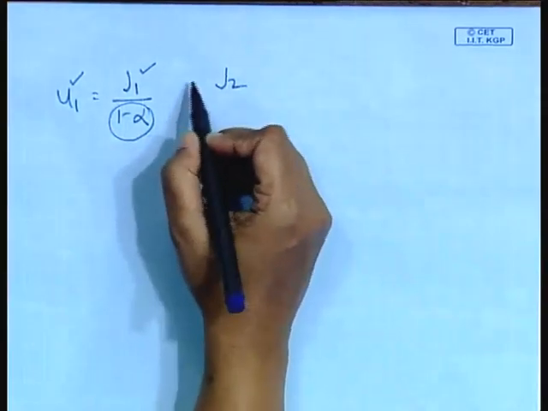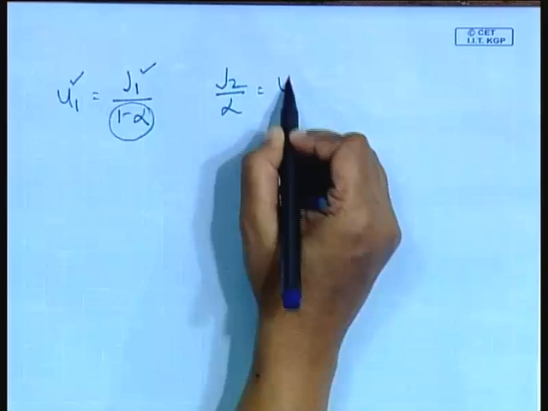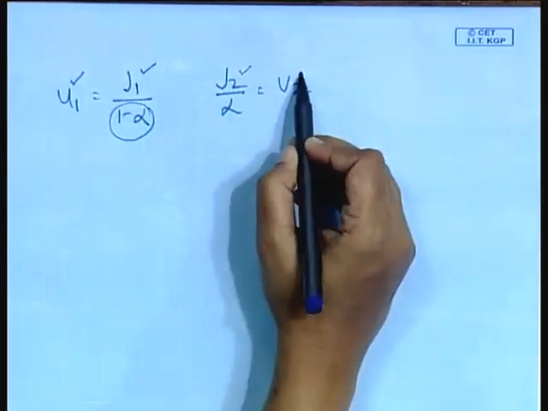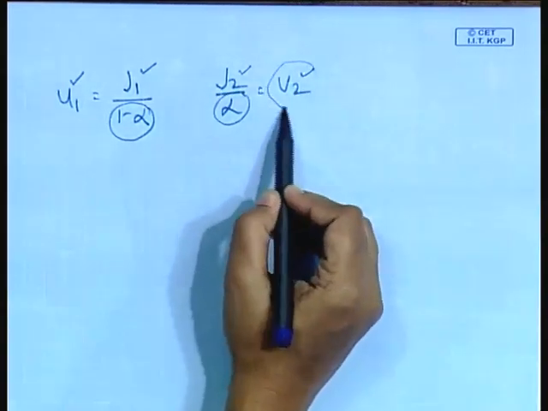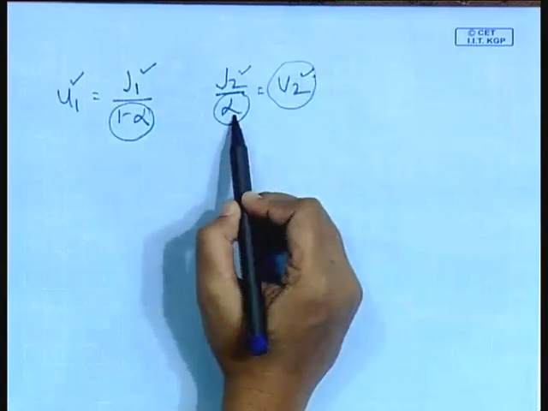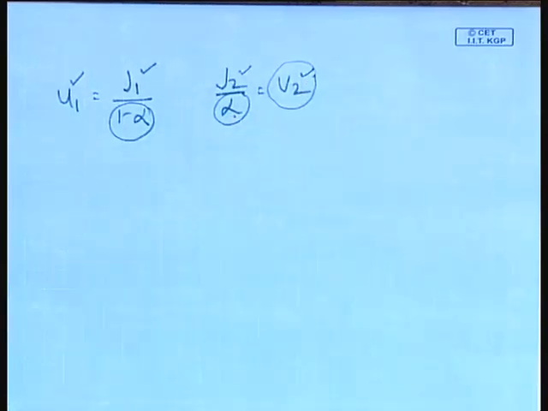In other words, if you can measure U2, you can measure J2 and find out alpha. So, by some localized measurements, if we can measure the in situ local velocity, then it is very easy to find out alpha.